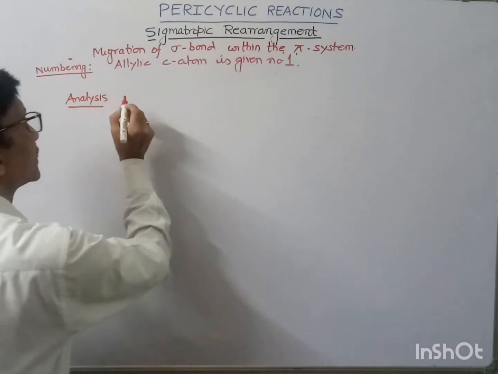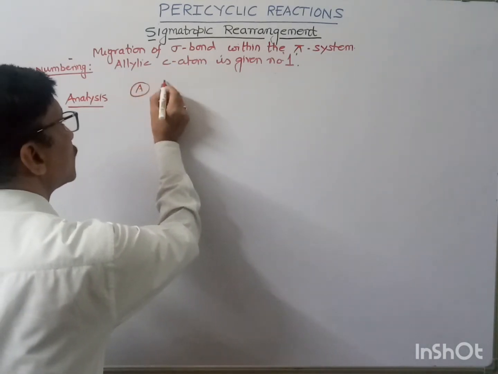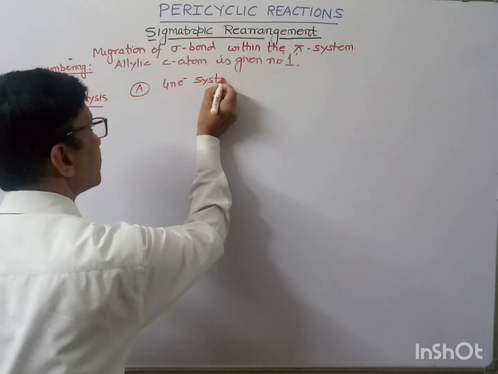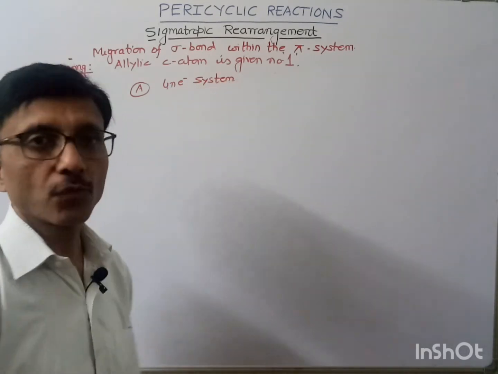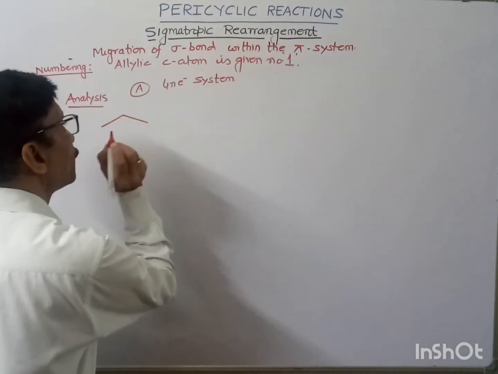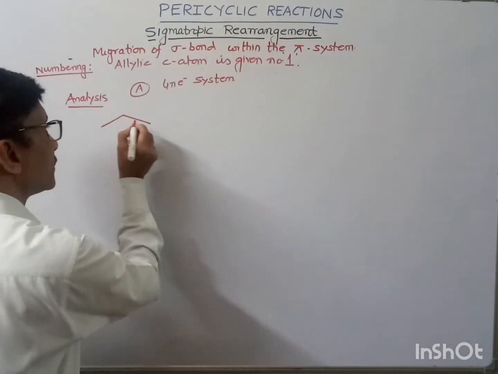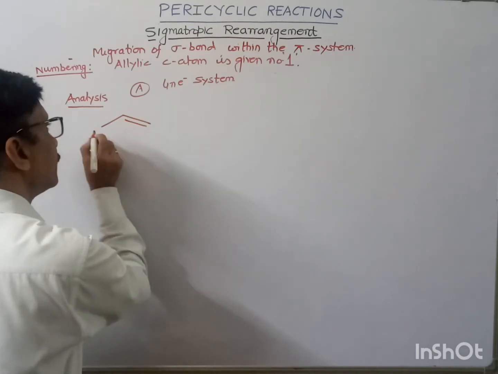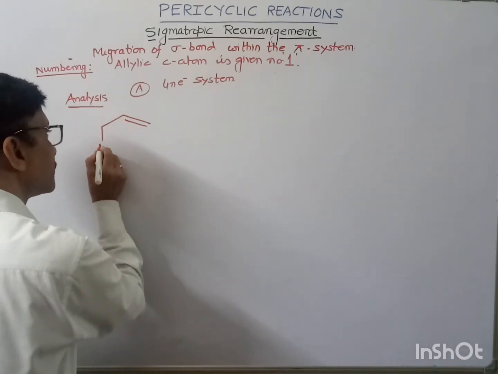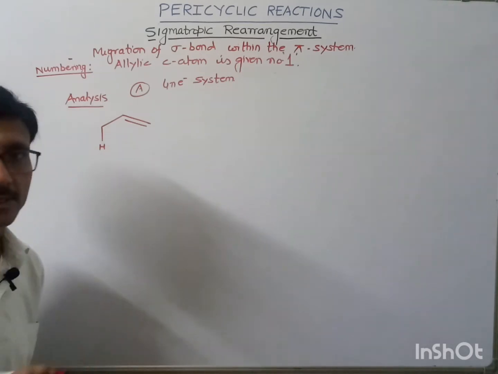First of all, let us analyze a 4n electron system. Suppose we have a 4n electron system, where this is an allylic part, and with this allylic part one of the hydrogens is present.